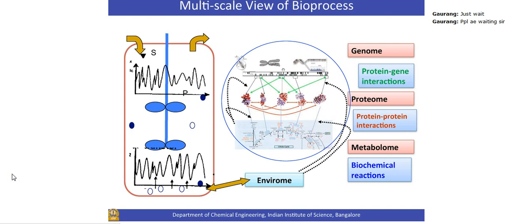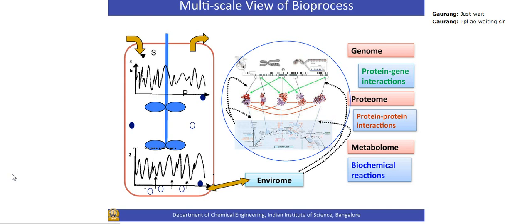Now, in the reactor, we are providing the essential nutrients, which in turn influences regulation of this network, and thereby giving us an opportunity to control these reactors in a manner in which we get the best from the cell.